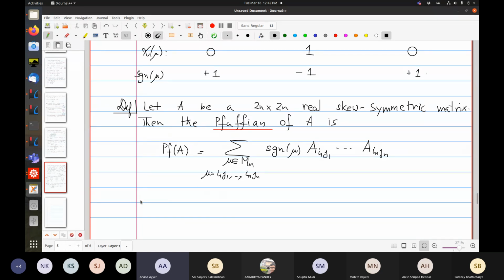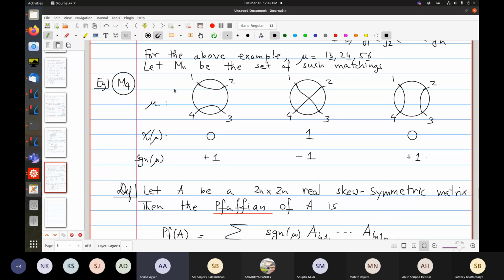So for example, if A is such a 4 by 4 matrix, from the example above, we have Pfaffian of A is A12 A34 from here.